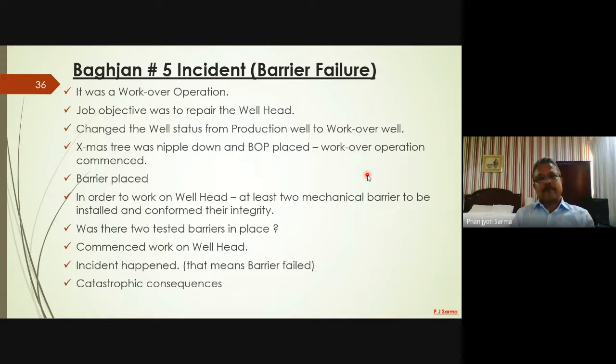So workover is not a simple operation. We need to completely understand the barrier concept, at what stage and what type of barriers are in place. Not only placed, we need to ensure and confirm the integrity of the barrier, that the barrier placed is working for the objective for which it has been placed.